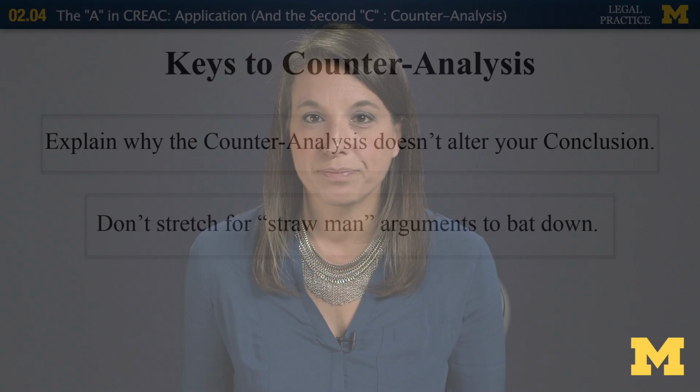So the counter-analysis is where you take your conclusion and say, there are some things that might make you believe that the conclusion is not as clear as I suggest it is. I want to explain why you shouldn't worry about those. You should think of the counter-analysis as your supervisor or your client, for example, saying to you, well, did you consider these other facts? And you want to have already said to that person, I've considered all of the possibilities, and here's why my conclusion is what it is.